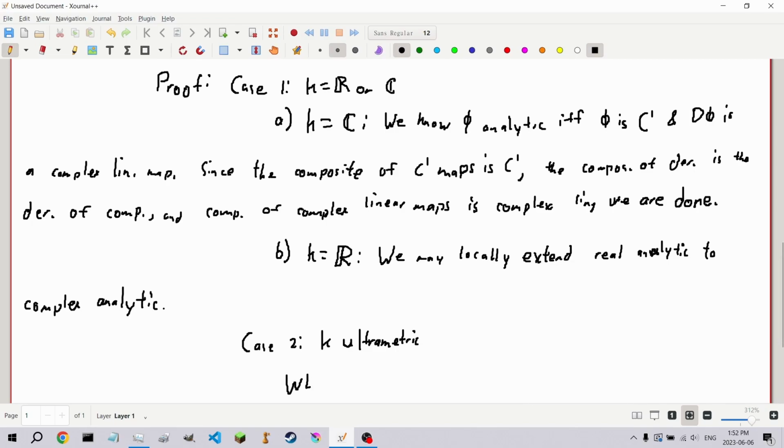Now, without loss of generality, even further, we can replace g of y and f of x by g of y over mu and mu times f of x over nu, respectively.